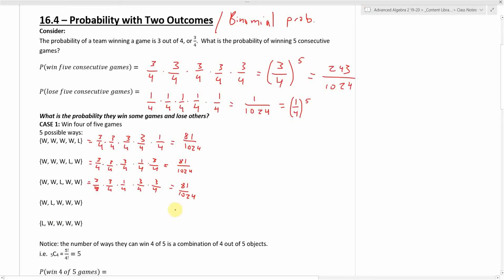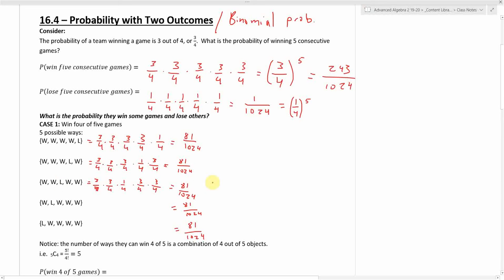So in each case, there's an 81 out of 1024 probability that they'll lose that particular game out of 5. So there's an 81 out of 1024 chance that they lose the 4th game. There's also an 81 out of 1024 chance that they lose the 5th game. The same probability that they lose the 3rd game.